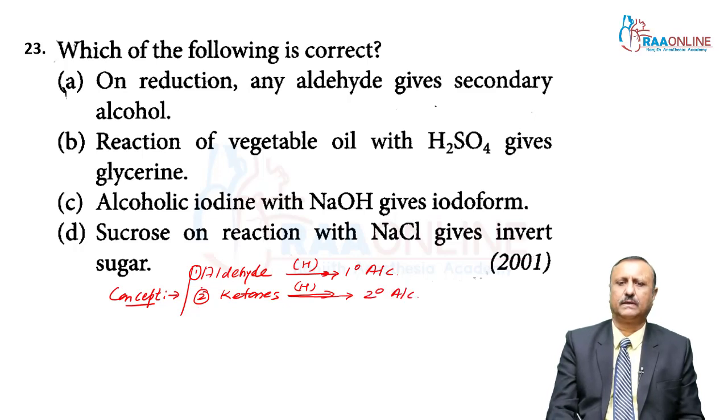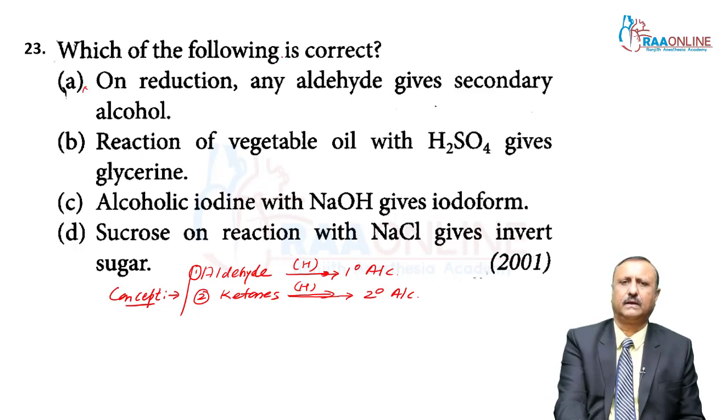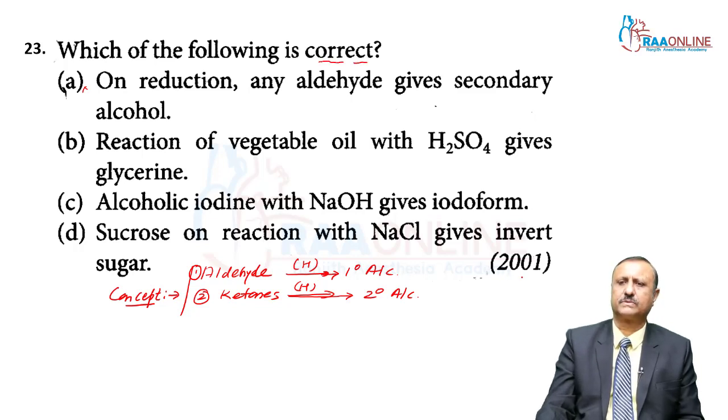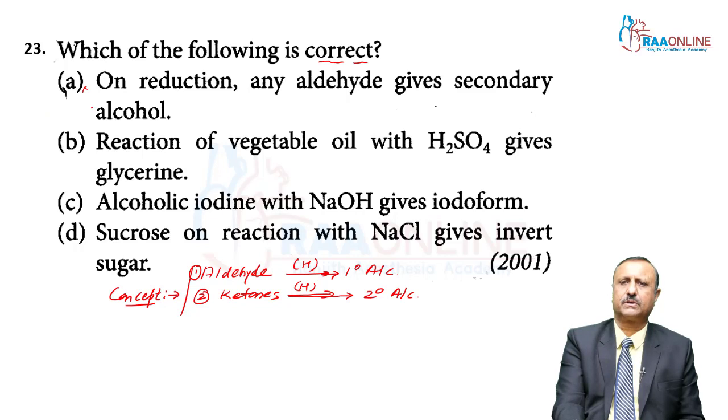So, on reduction any aldehyde gives secondary alcohol is a wrong answer, and we want the correct answer. This question is from 2001 NEET. Second, reaction of vegetable oil with H2SO4 gives glycerine, and this is also a wrong answer, because vegetable oil is made of higher unsaturated fatty acids and glycerine.